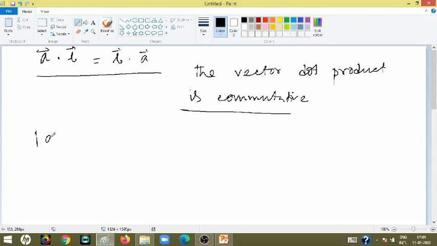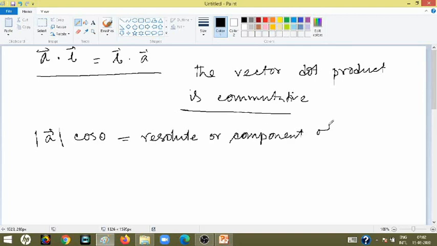Now what is A cos theta? It is equal to the resolute or component of A along B. What is B cos theta?